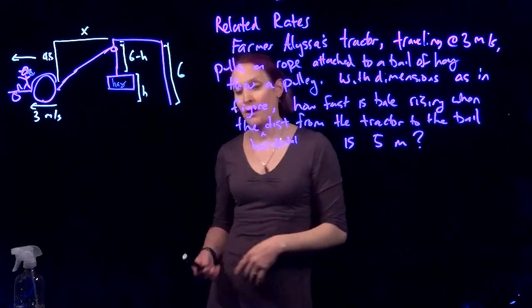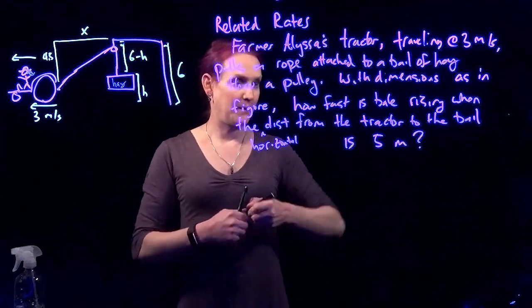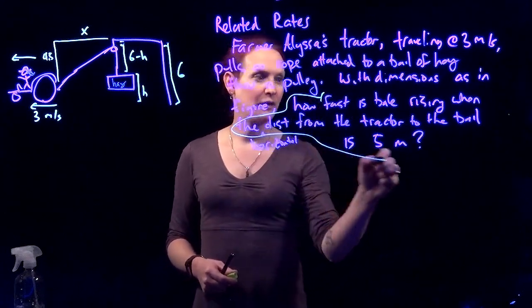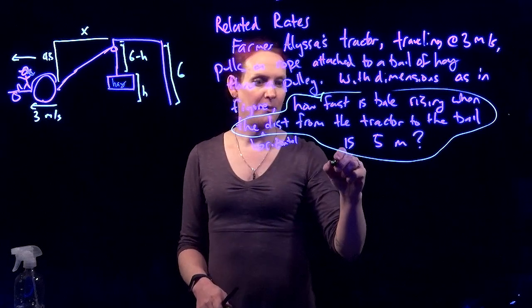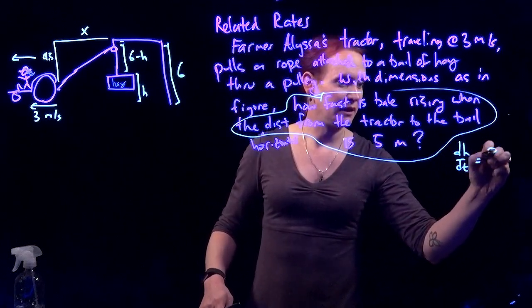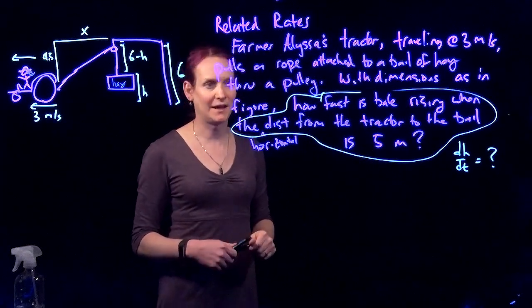We were given this diagram with the problem. This how fast part is asking what dh dt is, right? So that's our target quantity. We need dh dt.